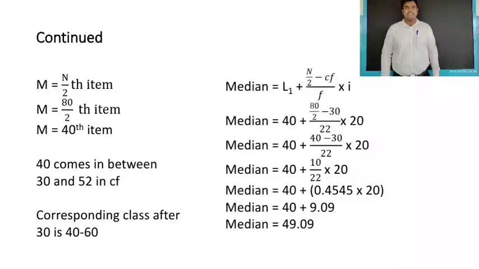Median is equal to L1 plus n by 2 minus cf divided by f into i. L1 is 40, plus n by 2 is 80 by 2, minus cumulative frequency 30, divided by 22, into class interval 20. If I simplify this, median is equal to 49.09.